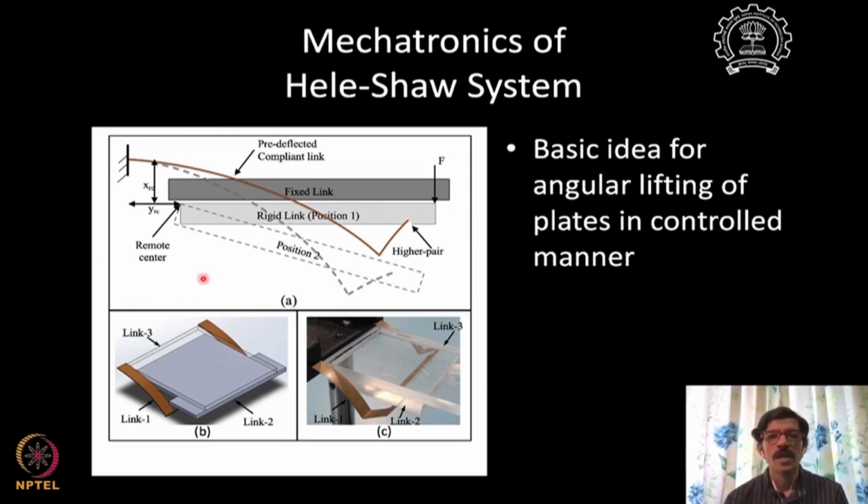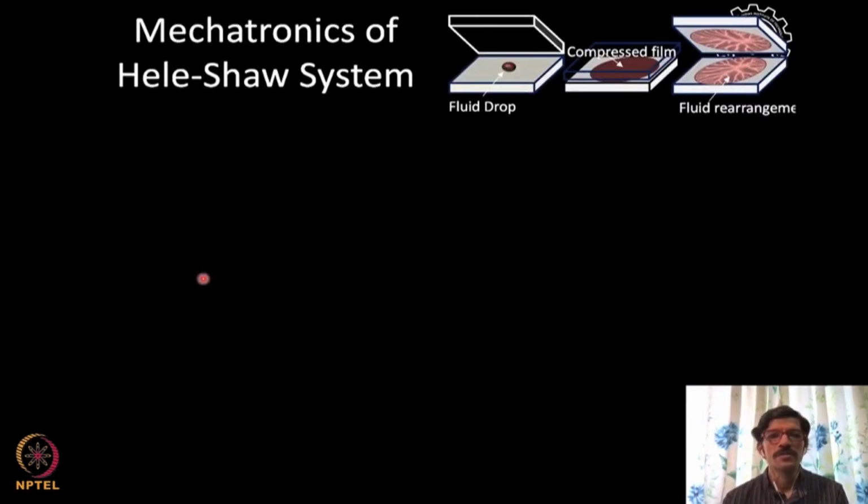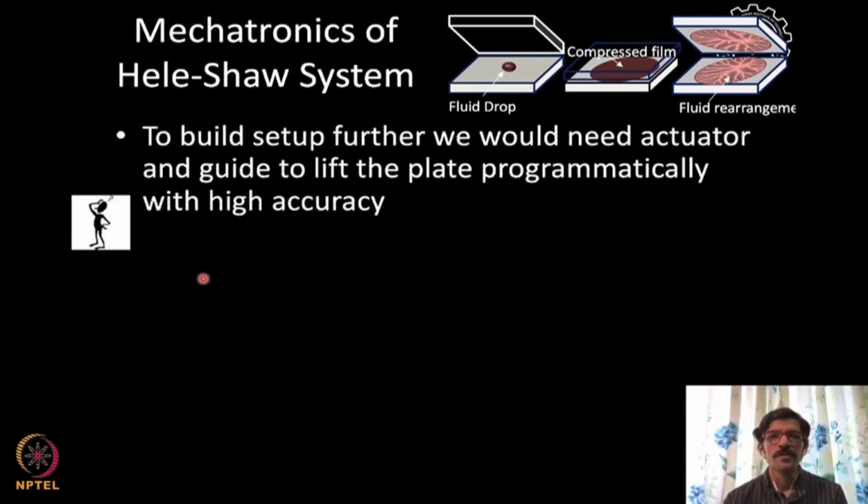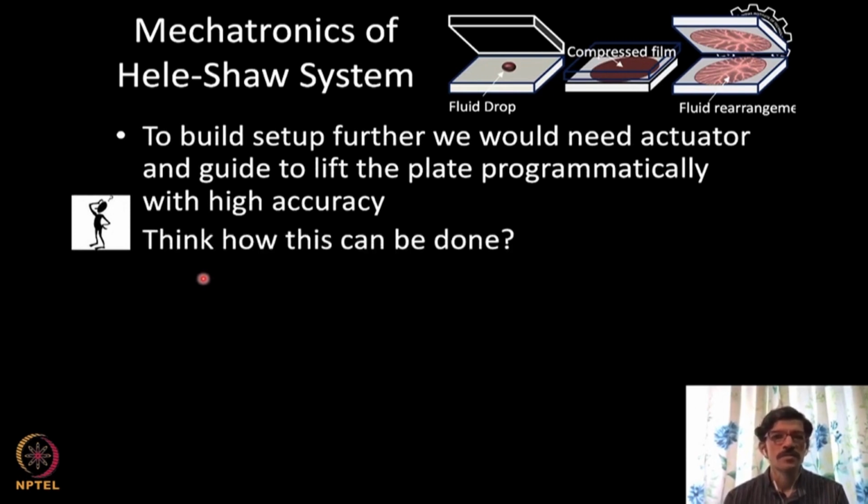Then now we want to see how we place the actuators and other stuff in the system. We need an actuator, and then the actuator needs to get guided in some kind of straight line fashion, so that we'll be able to programmatically do the lifting process.